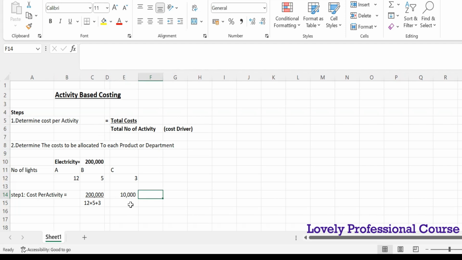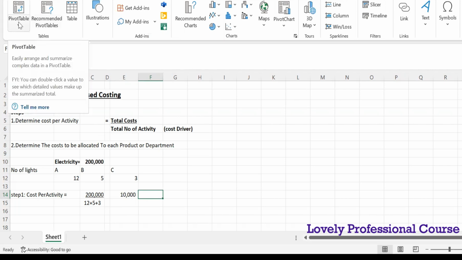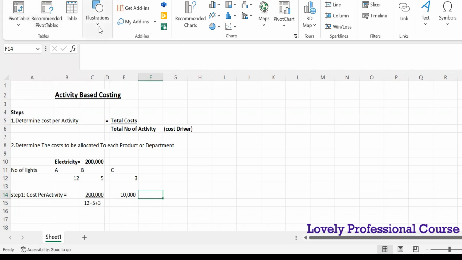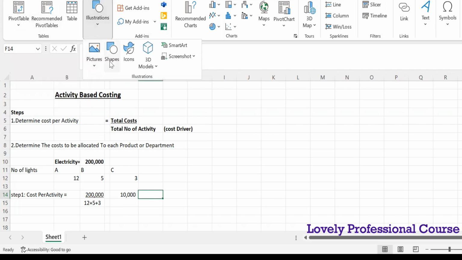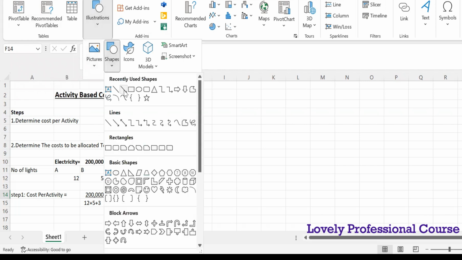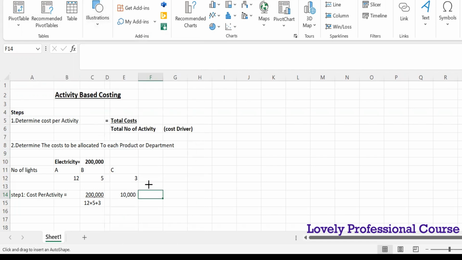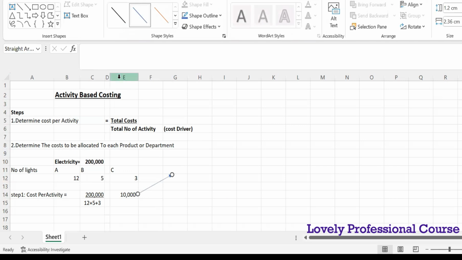How will I be allocating? Okay, let me show you a simple way. Let's do this. Are you able to see this? I'm doing an allocation.